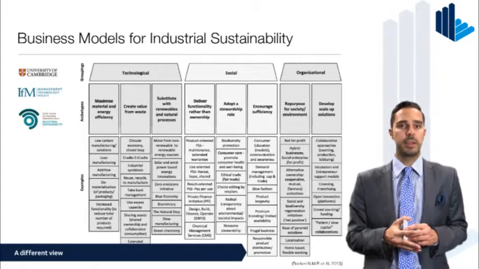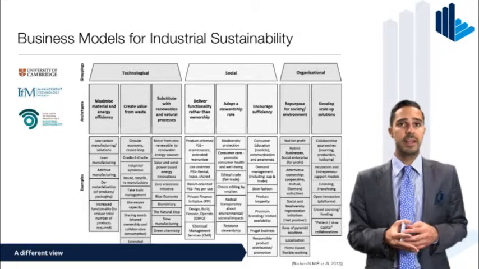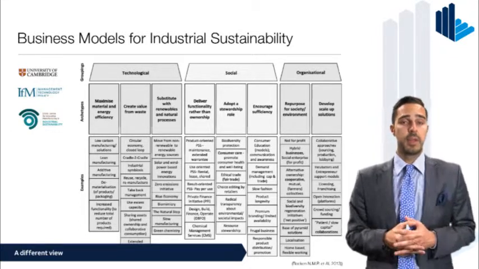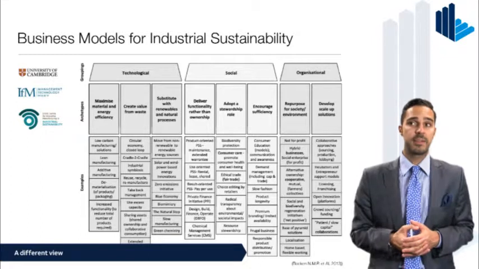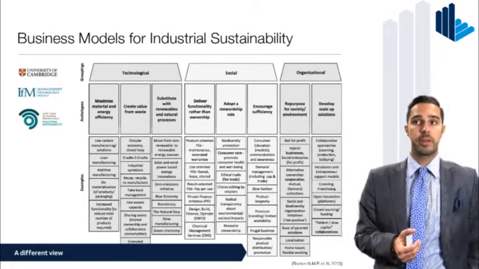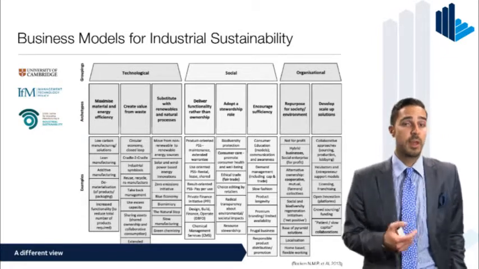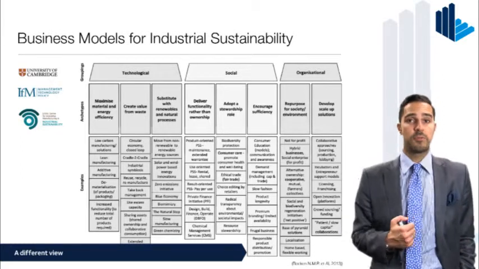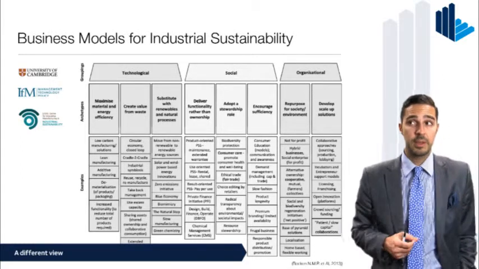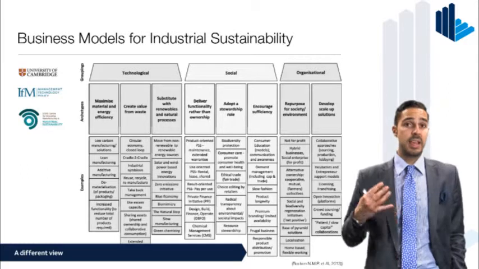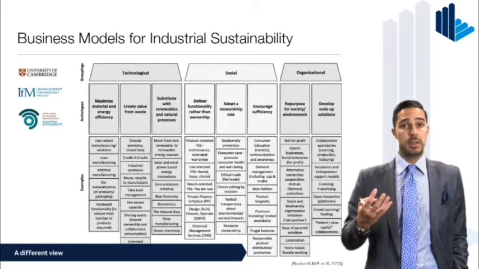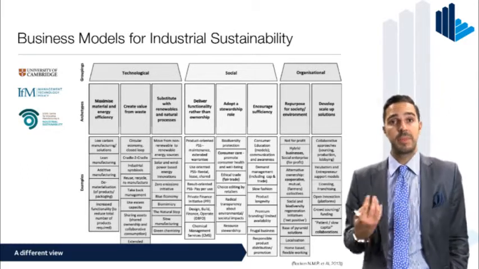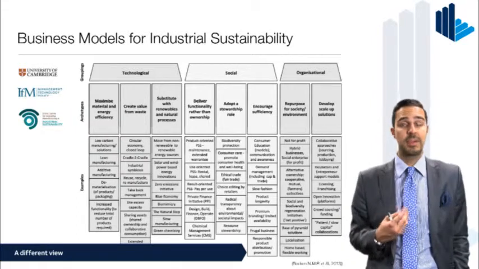Here in the UK, a leading university in this discussion is the University of Cambridge, particularly the Institute for Manufacturing, and they carry out a lot of research on business models for industrial sustainability.